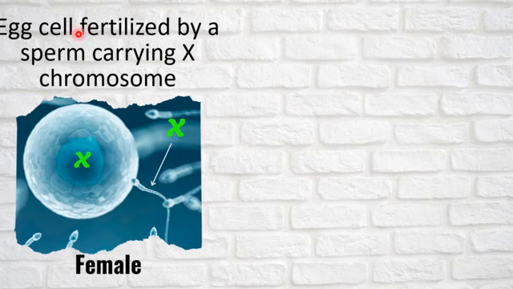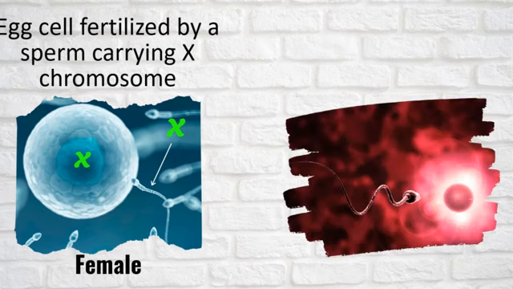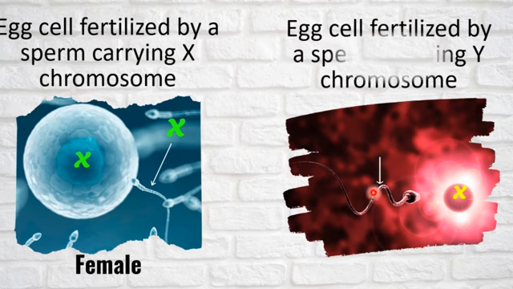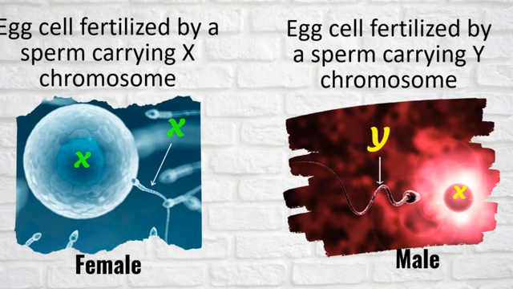And if an egg is fertilized by a sperm carrying an X chromosome, the zygote will be a female. On the other hand, if the egg cell with an X chromosome is fertilized by this sperm carrying a Y chromosome, the resulting zygote is male.